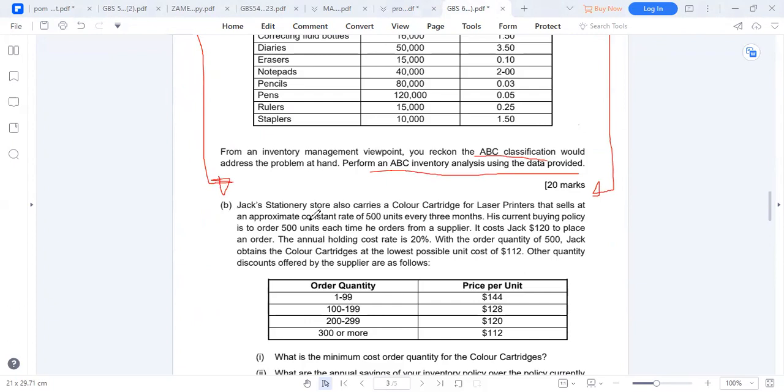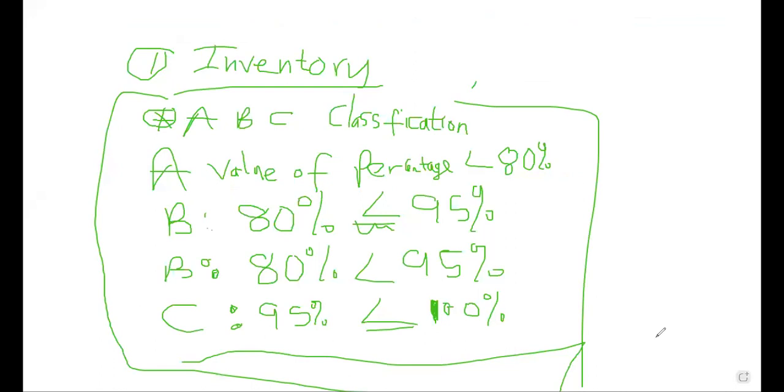Now, that is a color cartridge for laser printers that sells at an approximate rate of 500 units every 3 months. What does this one imply? So 500 for every 3 months means that we are talking about a quarterly one.